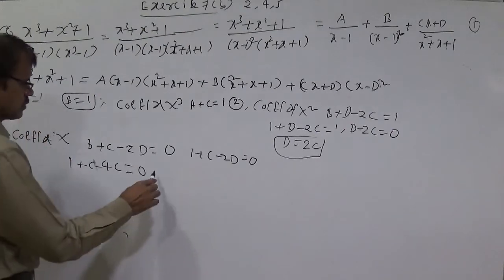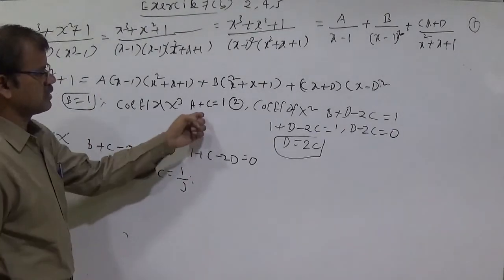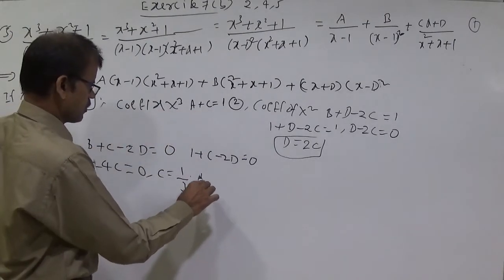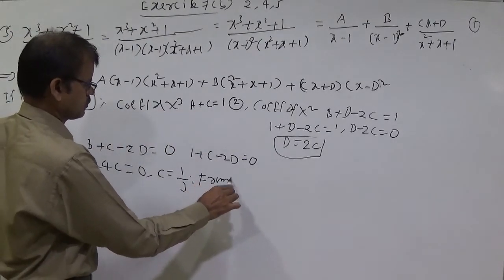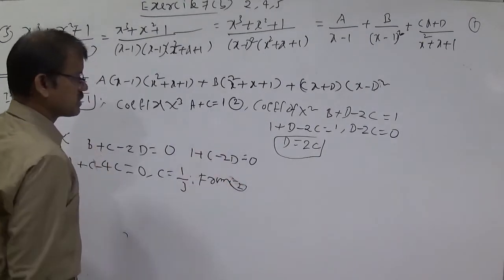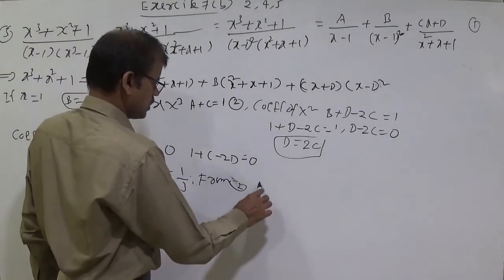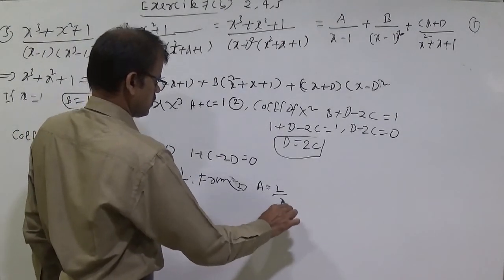So 3C is equal to 1, C is equal to 1 by 3. Whenever C is equal to 1 by 3, from the second equation, A plus C is equal to 1. So A plus 1 by 3 equal to 1, A is equal to 1 minus 1 by 3, A is equal to 2 by 3.